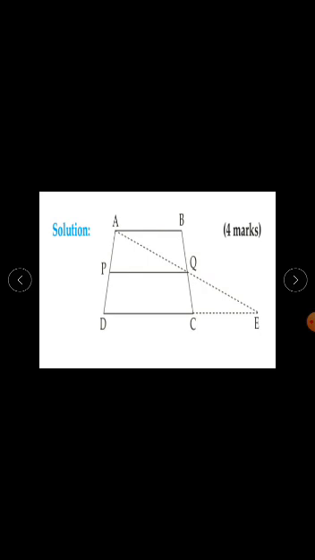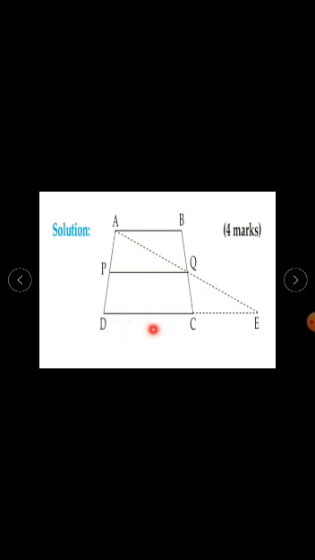Therefore, PQ is parallel to DE. Reason is midpoint theorem. PQ is parallel to DE means PQ is parallel to DC because D-C-E. So, PQ is parallel to DC.